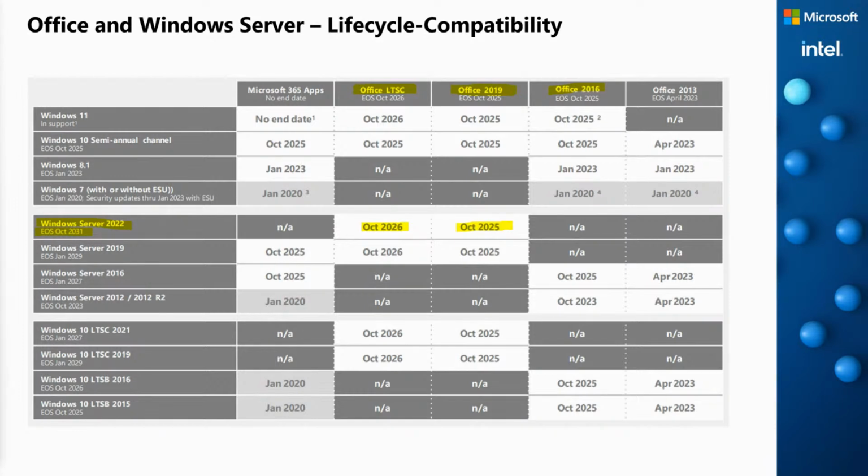But what is interesting and new and what we should know is that the Microsoft 365 apps, maybe you know about this change of the wording we already had last year.